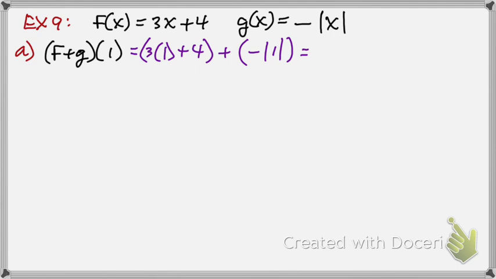So on the first one, I've got 3 times, so I've got 7, plus the absolute value of 1 is 1, but minus it. So I've got 6. I don't necessarily have to figure the whole thing out if they're asking me to evaluate. Now, if they're asking me to give them the resulting function, then yeah. But they just want me to evaluate here.